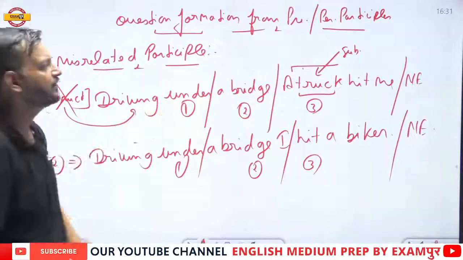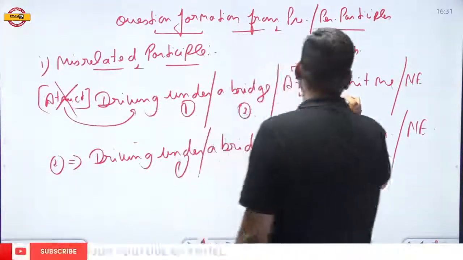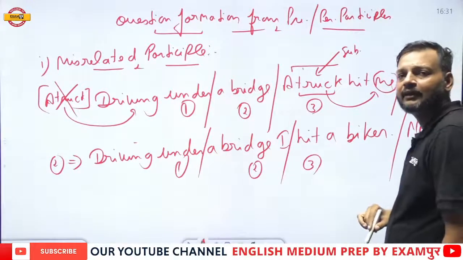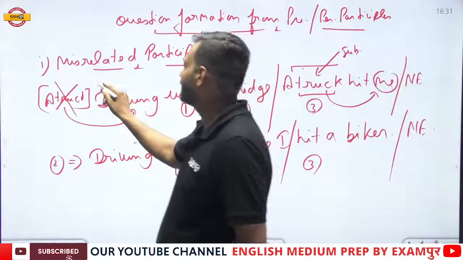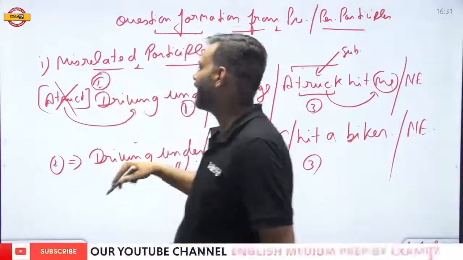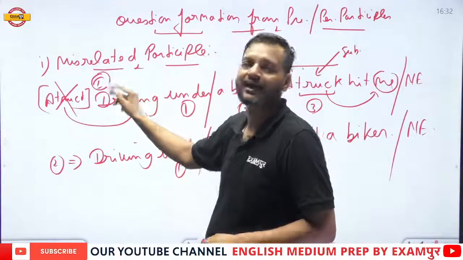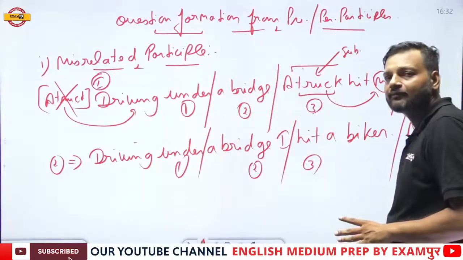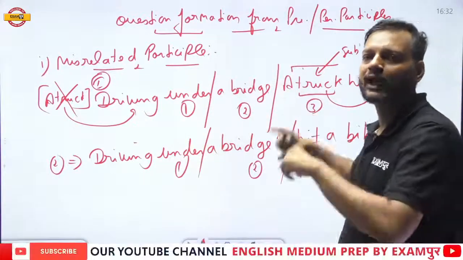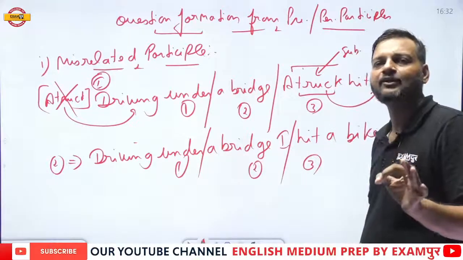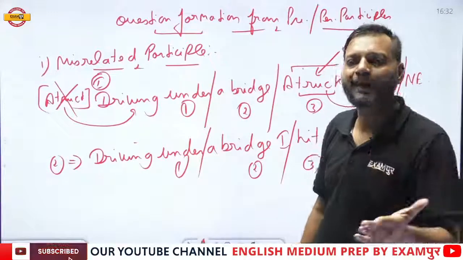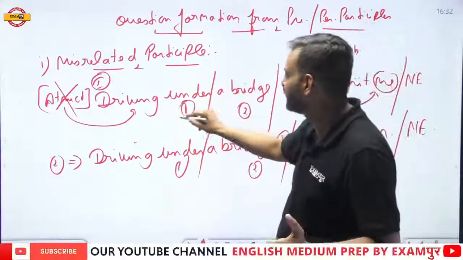Now the second clause says a truck hit me. That means we have me here. It means that I was driving a truck. So the actual subject in the first clause is I, and the subject of the second clause is a truck. It means subjects are not same, and if subjects are not same, we cannot use participle, and then the error lies in the first part.